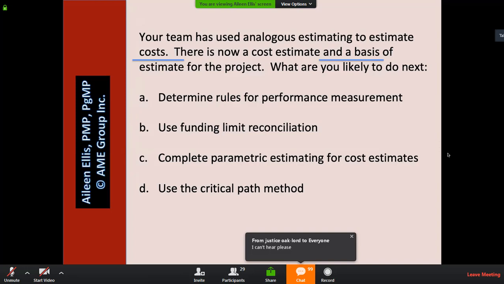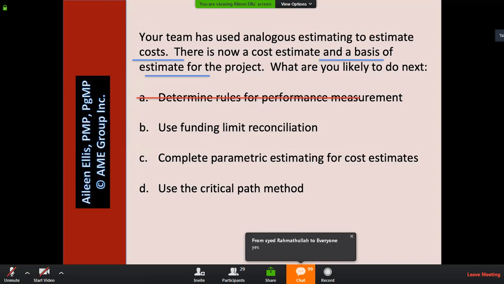In what process does answer A occur? So determine rules for performance measurement occurs in plan cost management. So would you agree A should have already occurred?